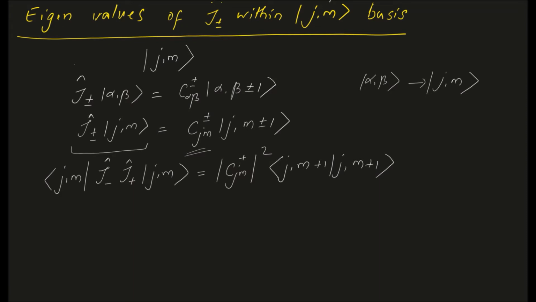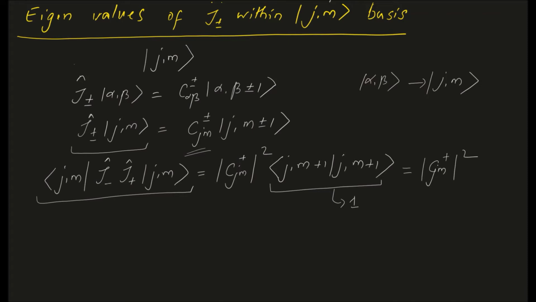We have seen that jm is an orthonormal set of bases, so it is normalized, and this inner product will be 1. So on the right hand side we have Cjm plus square, and it is given by all these quantities on the left hand side.